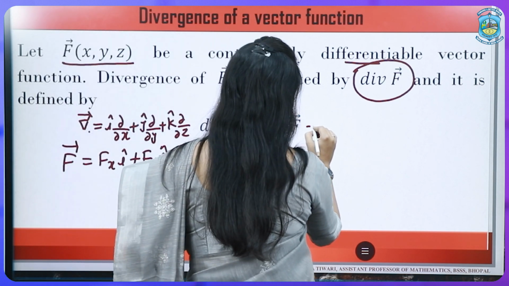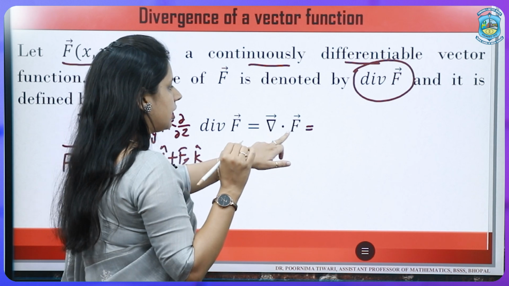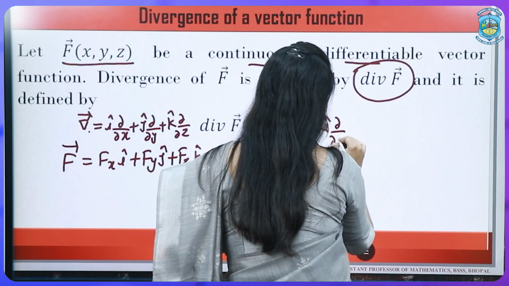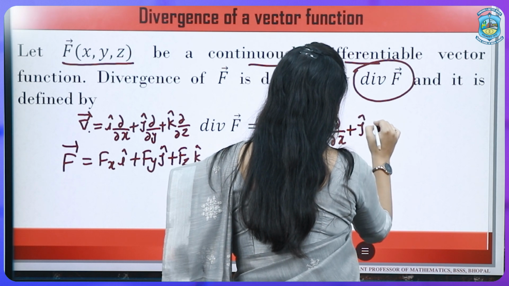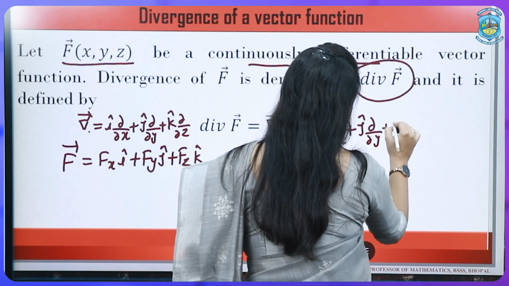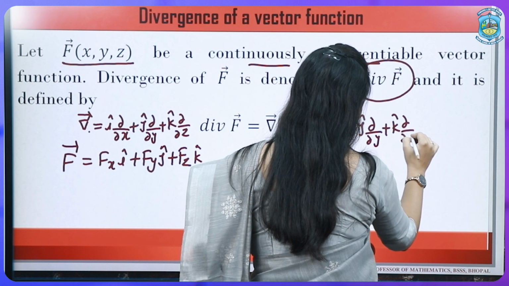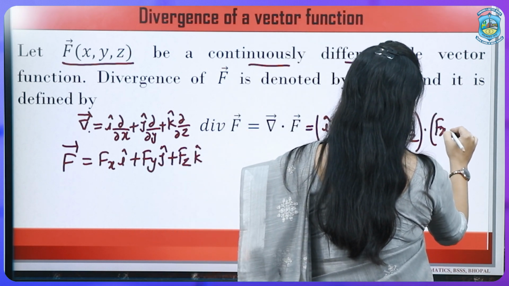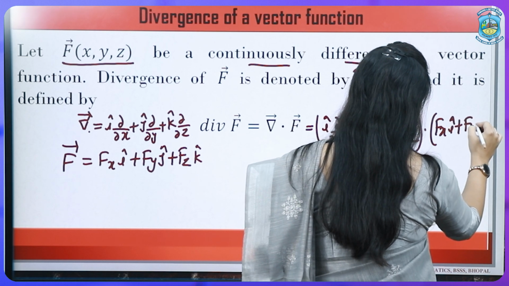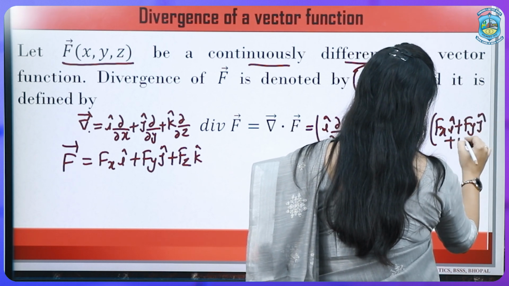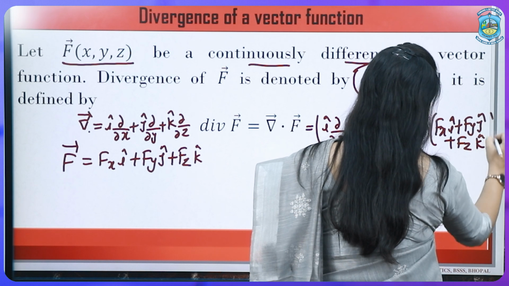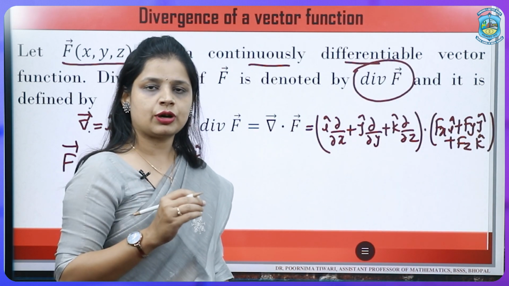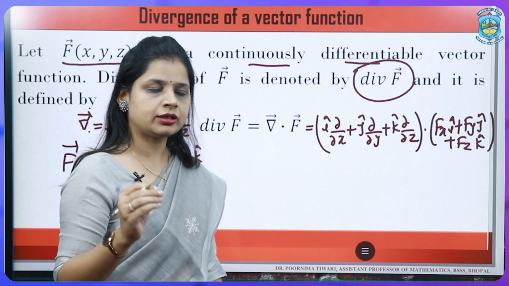So, now we can substitute the value of nabla and vector f. We get i cap del by del x plus j cap del by del y plus k cap del by del z, dot product with fx i cap plus fy j cap plus fz k cap. Now, we have to apply the formula to calculate the dot product.